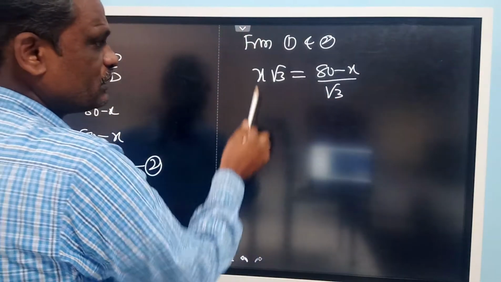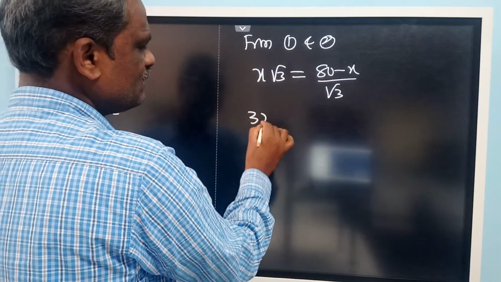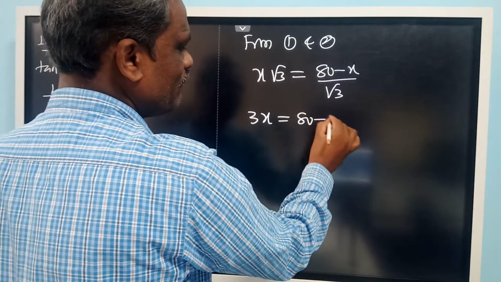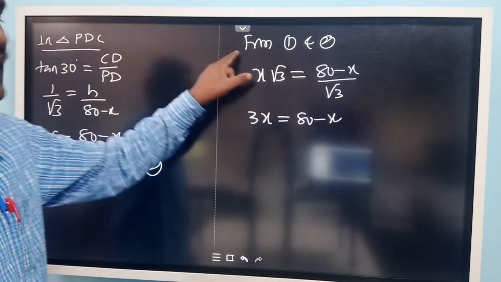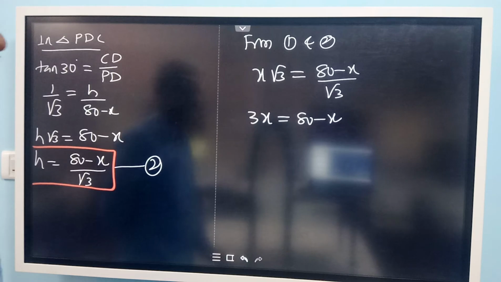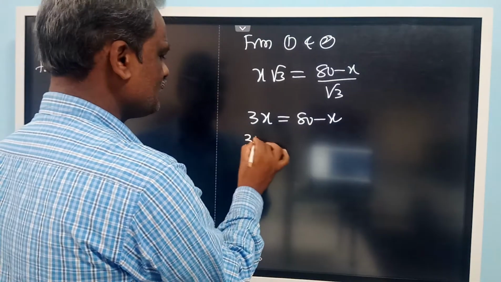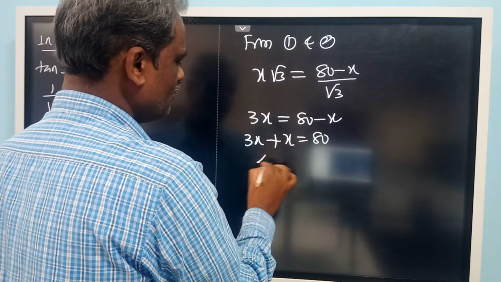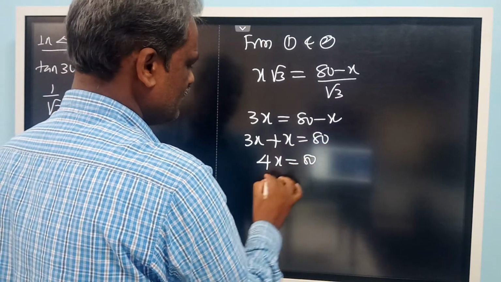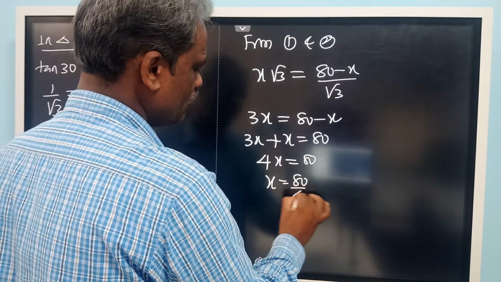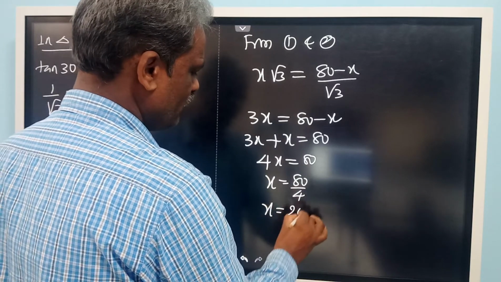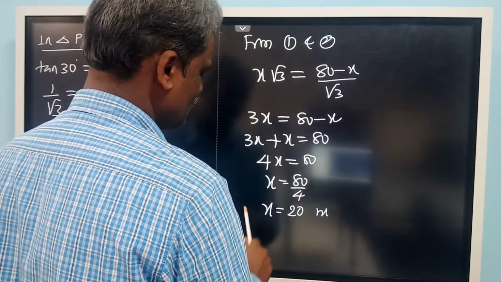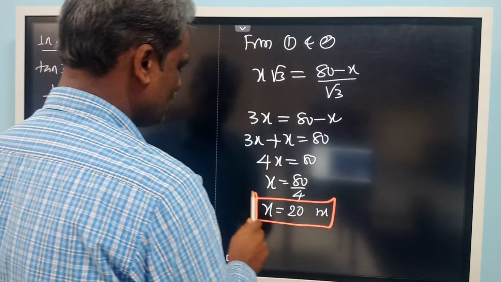Cross multiply: root 3 into root 3 is 3, so 3x is equal to 80 minus x. Transferring x to the left hand side, 3x plus x is equal to 80. 4x is equal to 80. x is equal to 80 by 4. x is equal to 20 meters. So you got x is equal to 20 meters.